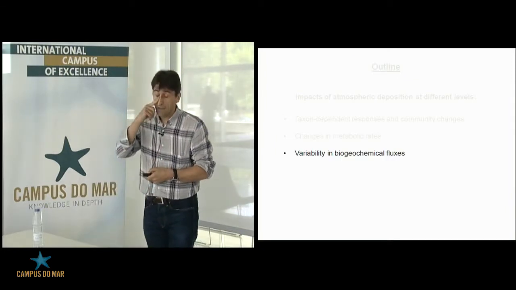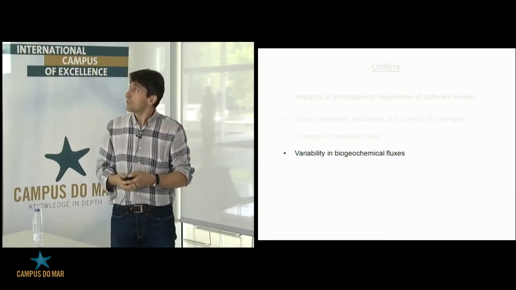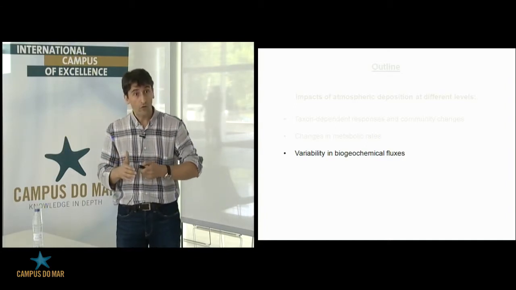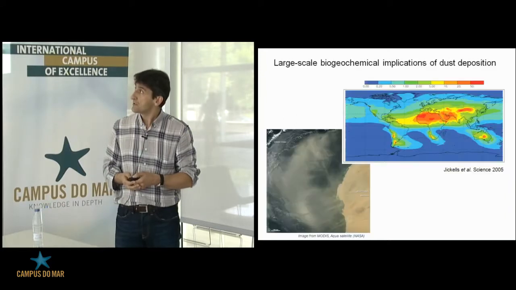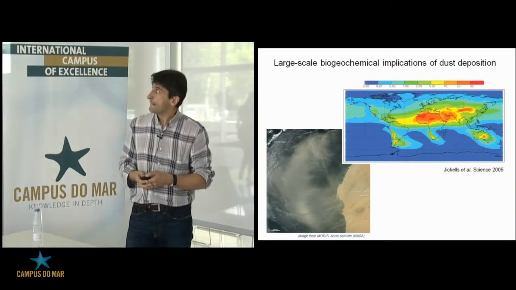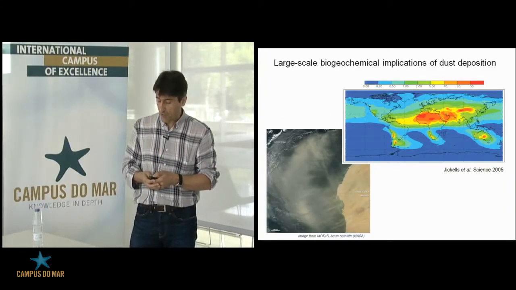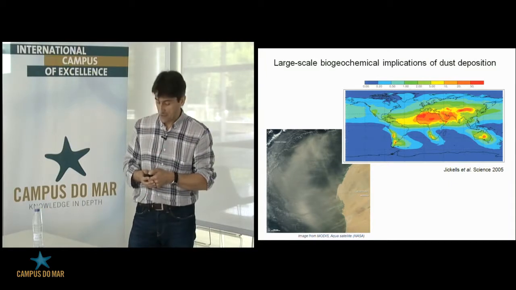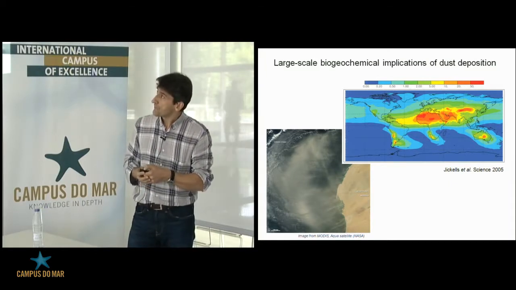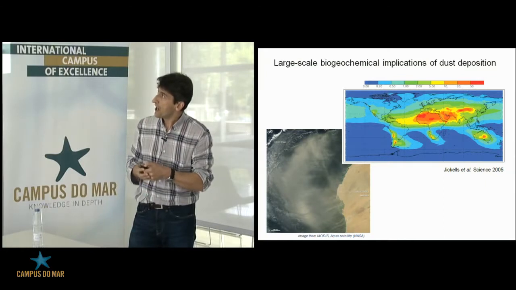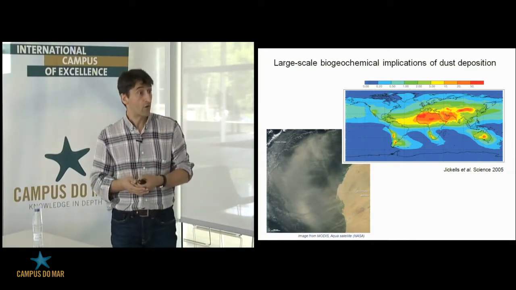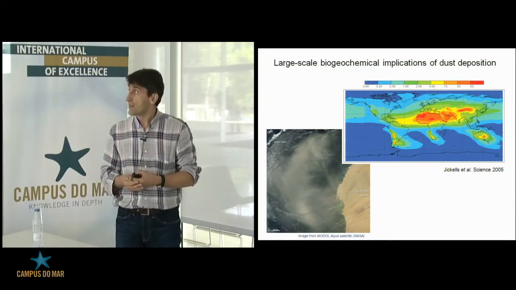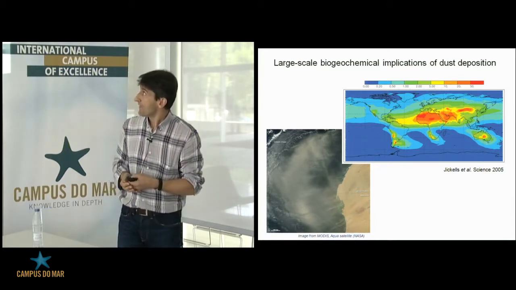So I would like now to conclude with a section on a broader perspective of the impacts of these dust deposition events. And we are quite familiar with pictures such as this for the Atlantic, in which we can have really large events of dust storms that cover hundreds of thousands of square kilometers, basically.